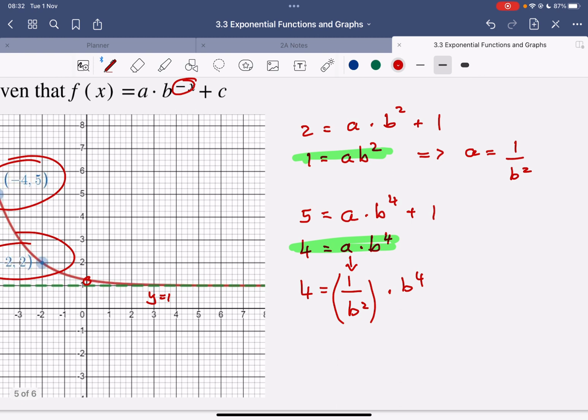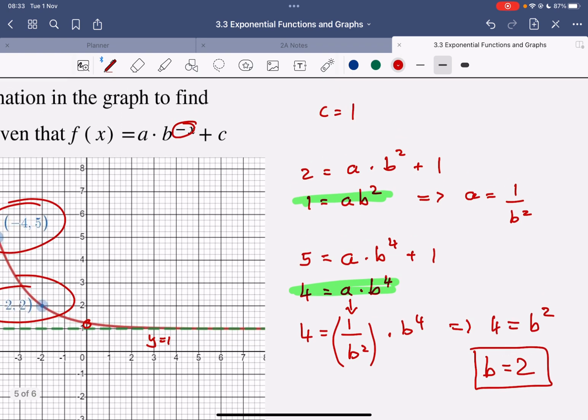When we rearrange this equation, we have B to the power of 4 divided by B to the power of 2. So we've basically got 4 equals B squared. B to the power of 4 divided by B to the power of 2. So B is 2.